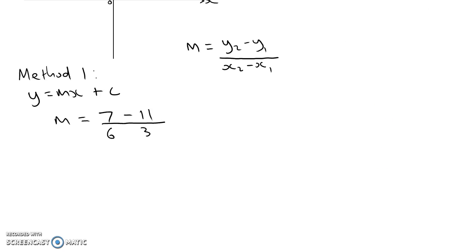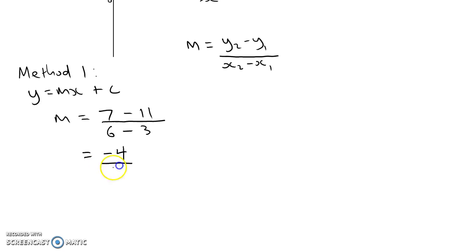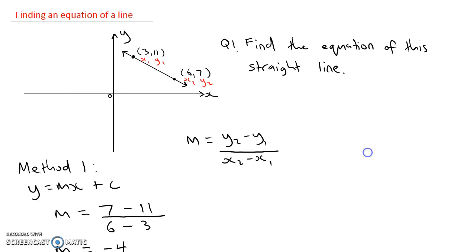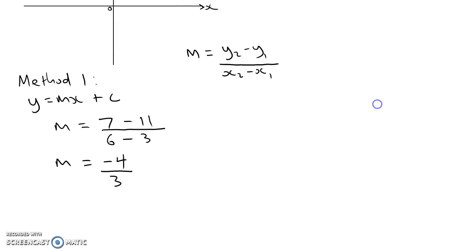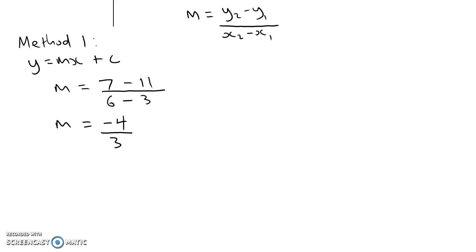So 7 minus 11 is -4, and 6 minus 3 is 3. So our gradient is -4 over 3. We'd expect a negative gradient given the way that the line is going. So that looks right. Gradient of -4 over 3.